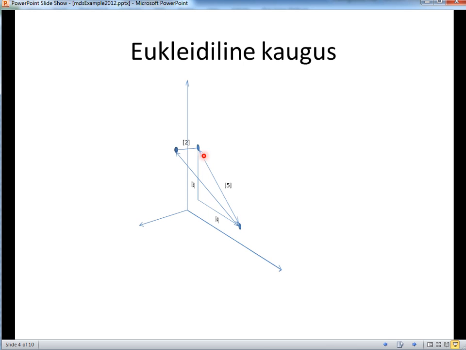The other side of the right triangle is this 2, which is the difference along the z-axis. And when we calculate this resulting new right triangle, we get 2 squared plus 5 squared equals the straight line distance squared. 2 squared plus 5 squared is 29. The square root of 29 is the straight line distance.